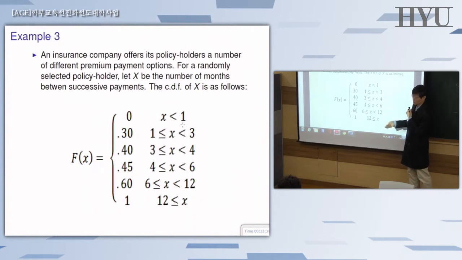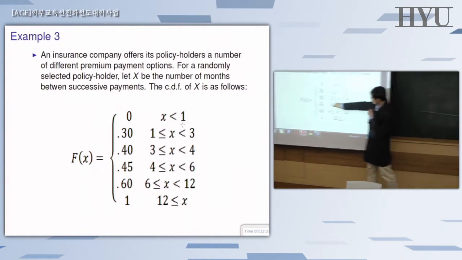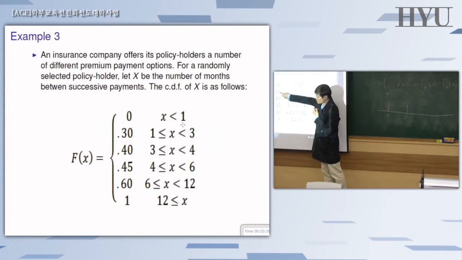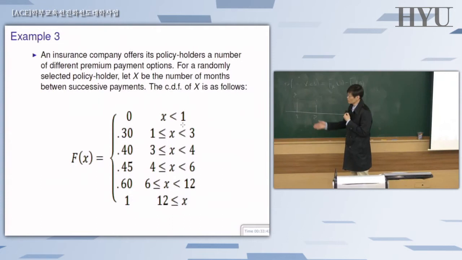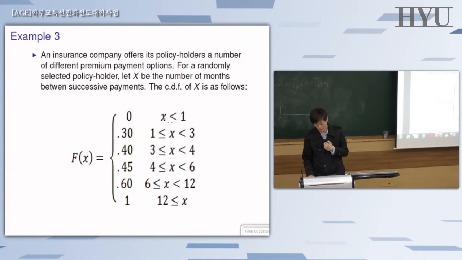And the size of the jump, which is nothing but the probability mass, is the difference between the previous CDF and this CDF. So always see that the equality must be on the left-hand side. That's where the jump occurs, which means that there is some positive probability mass. And that value of probability mass is nothing but the difference between the CDF values of the interval before and the interval now.